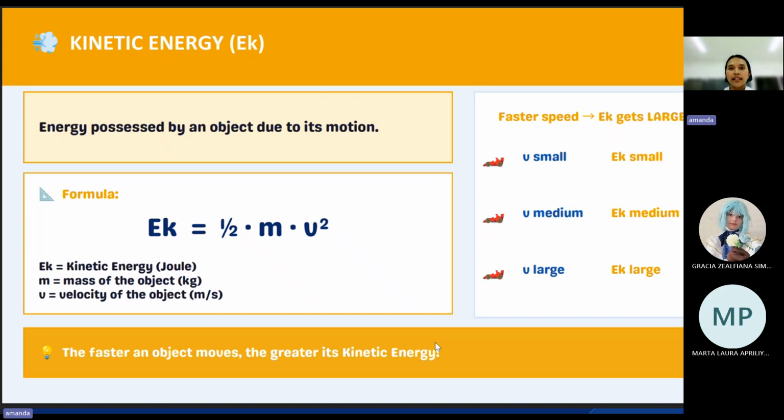The formula to calculate this is energy kinetic equals half m times v squared, where m is the mass and v is the velocity or speed of the object. The rule here is simple. The faster an object moves, the greater the kinetic energy. If an object is moving slowly, its EK is small, but if it speeds up, its EK becomes large.